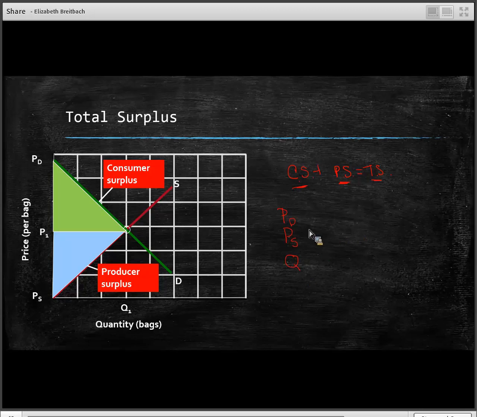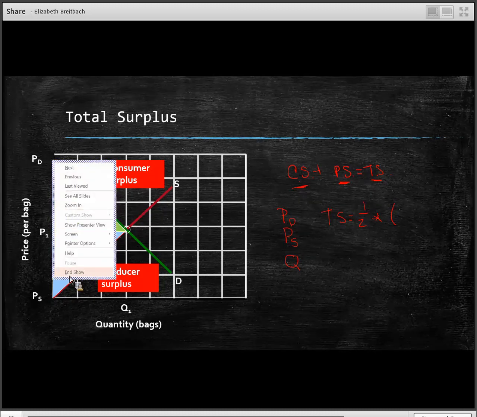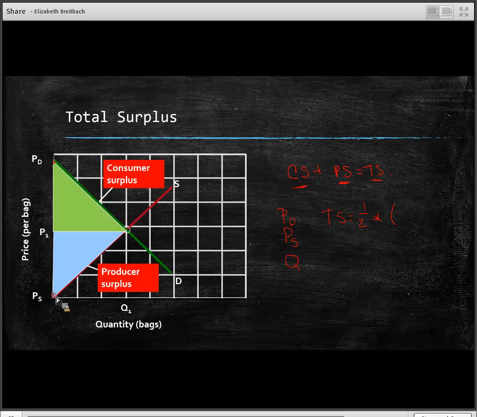And the equation for total surplus would use that 1/2, because again, we have a triangle shape over here, and since it's a triangle, we immediately multiply by 1/2. Then the height of our triangle is going to be the difference between PD, some of you might argue that's the base, and I probably would too, and PS.